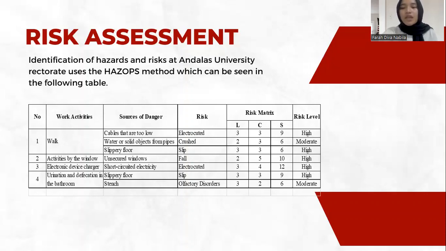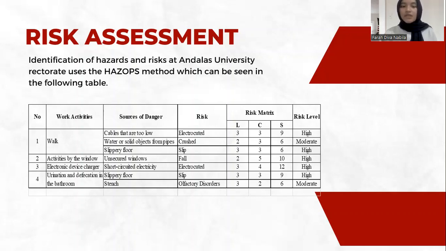What is severity? Severity is the expected rate of occurrence, and the risk level of cables that are too low is high. Next, the source of danger is water or solid objects from pipes, and the risk is being hit. The risk matrix has likelihood 2, consequence 3, and the severity is 6. So the risk level is moderate.